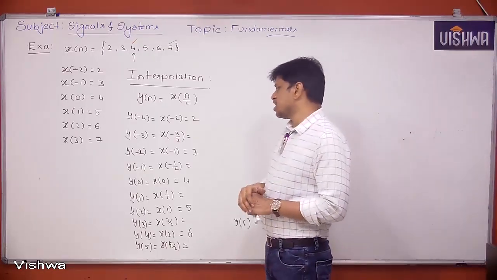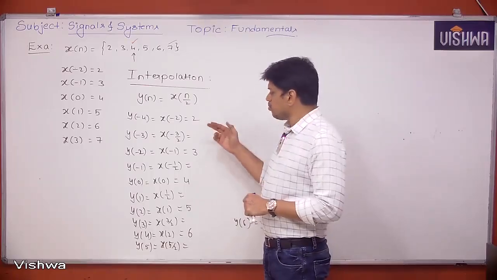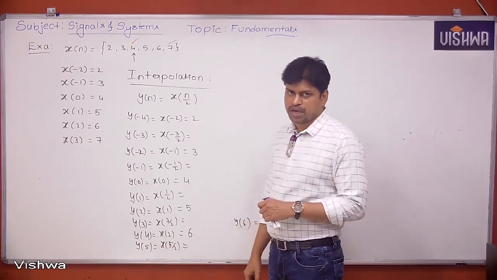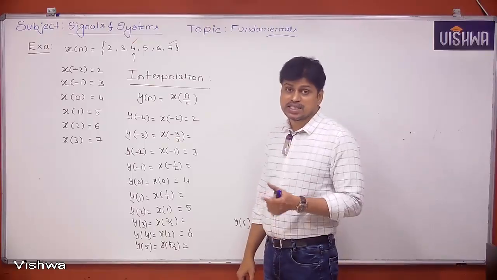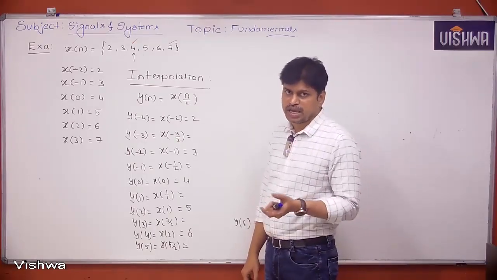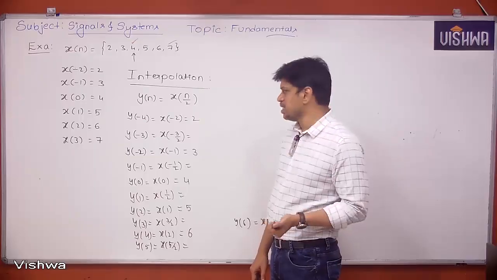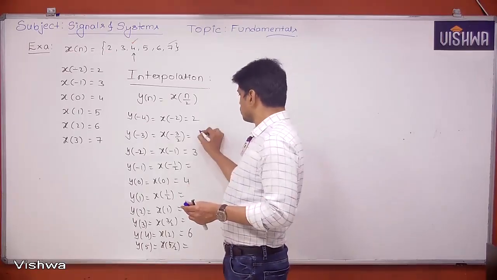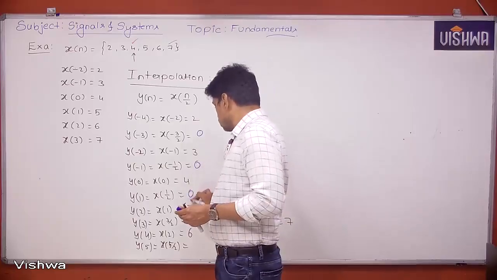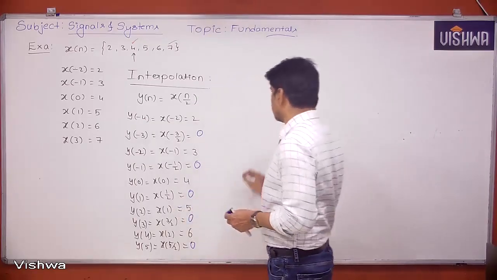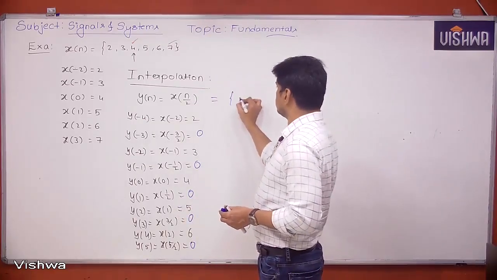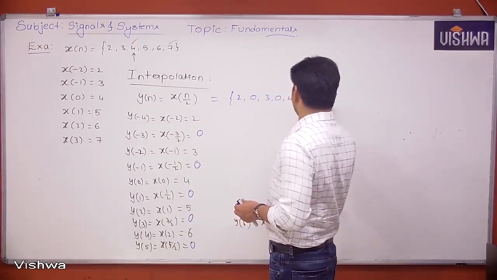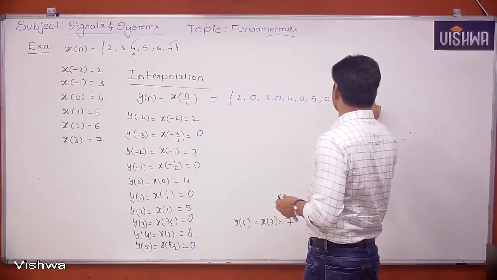What zero interpolation means is, whenever you see an unknown value, you can assume or interpolate it as 0. Then we can say this value is equal to 0, this value is equal to 0, 0, 0. So if I write this sequence, how does it look? 2, 0, 3, 0, 4, 0, 5, 0, 6, 0, 7.